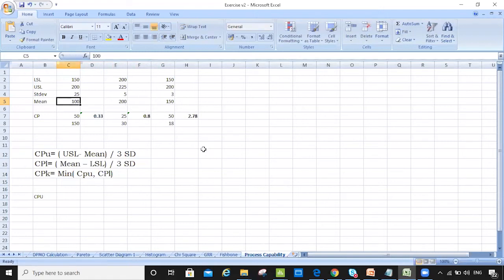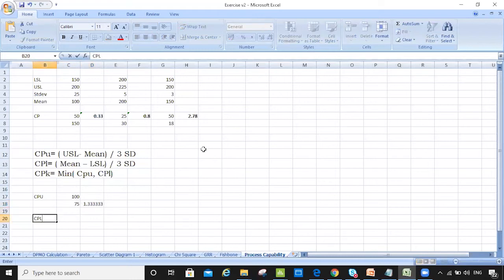Just examples. So CPU is USL minus mean, so USL is 200 minus mean 100. 3 standard deviation, so 25 into 3 is 75. So CPU is USL minus mean upon 3 standard deviation, so 100 divided by 75, which is 1.333.